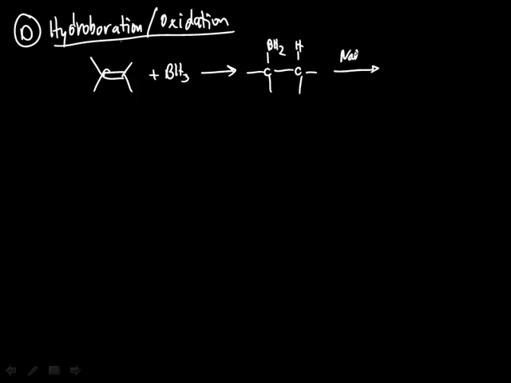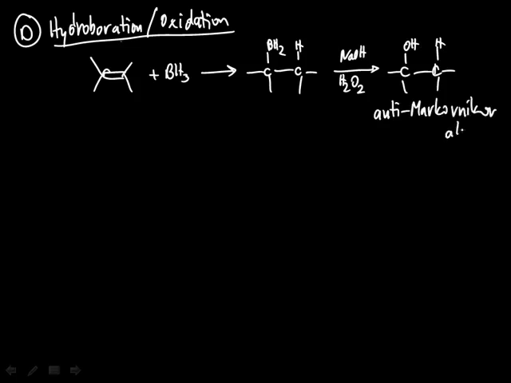This sequence of reactions uses boron-based reagents such as borane to initially give us this boron compound, which is then hydrolyzed under basic oxidative conditions using hydrogen peroxide to give us an alcohol in this case, but with the orientation opposite to that predicted by Markovnikov's rule. So this will be an anti-Markovnikov alcohol. Okay.